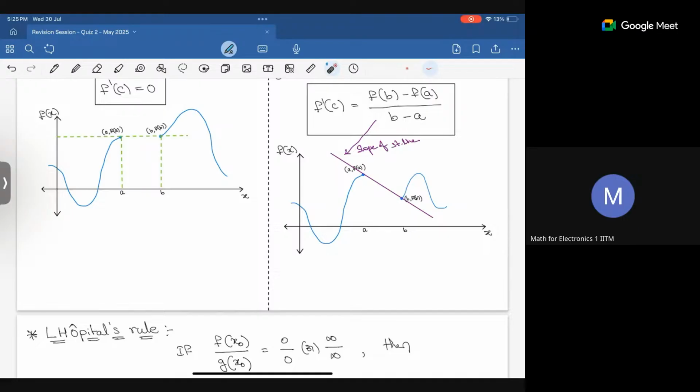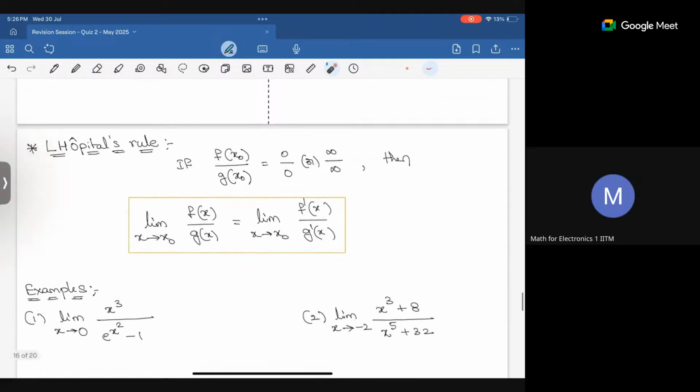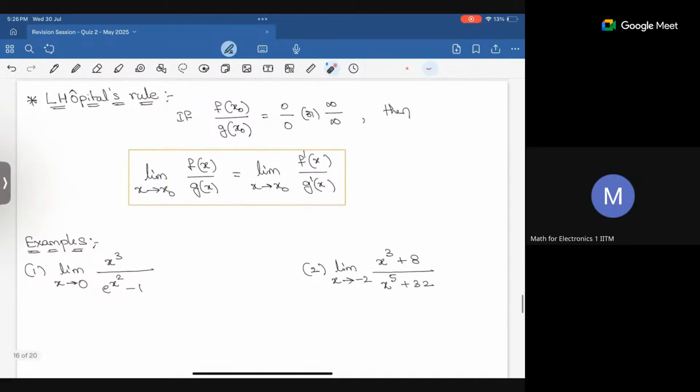So if you compute the average speed, it could be some 43 or 45. At least at one point in the interval you would have touched 45. That's what the mean value theorem states. So the average value is attained at least at one point in between. That is the mean value theorem.